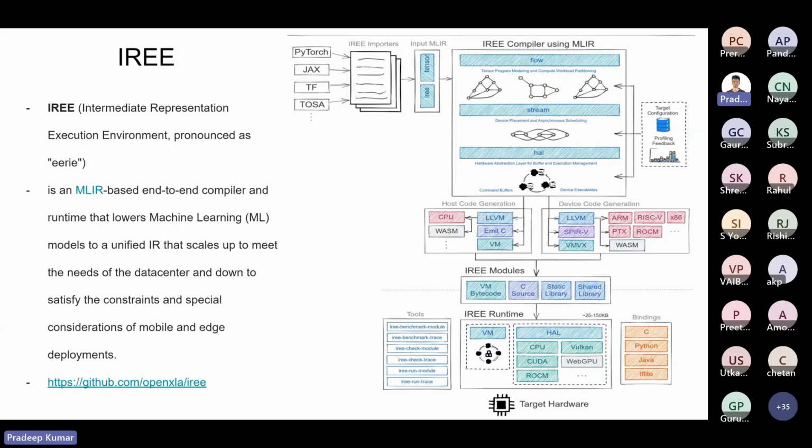Here we talk about IRE. IRE is an intermediate representation execution environment. It's more of an end-to-end compiler for ML models. Let's say you have various front ends like PyTorch, JAX, TensorFlow, or TOSA. What you do is you compile that to a graph-like representation and you feed it to IRE.